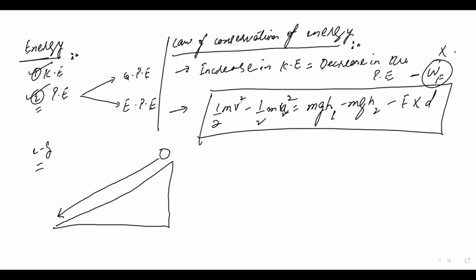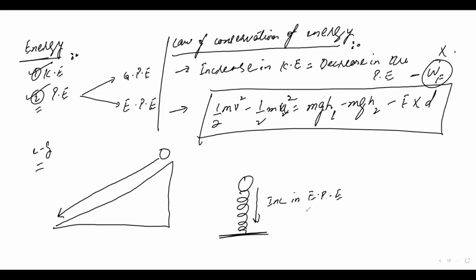In some cases, the changes are not taking place along the kinetic energy and the gravitational potential energy. In some cases, the changes are taking place along the kinetic energy and the elastic potential energy. For example, you've got a ball attached to a spring. Whenever you pull this ball downwards, it leads to an increase in elastic potential energy.